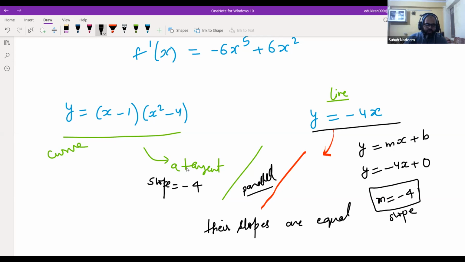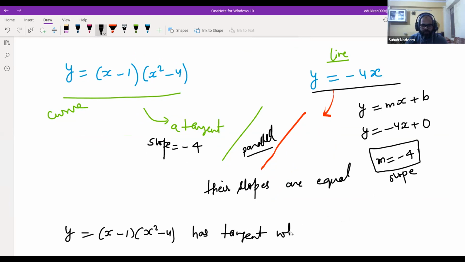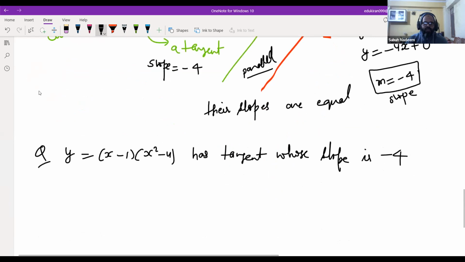So the tangent to this curve, what it means is that the curve which you have been given, y is equal to (x minus 1)(x square minus 4), has a tangent whose slope is minus 4. In other words, the question means this. We have reinterpreted this question. Now, what we do in such a situation, we differentiate this. We find the slope m is equal to dy by dx. So can you differentiate this function y?